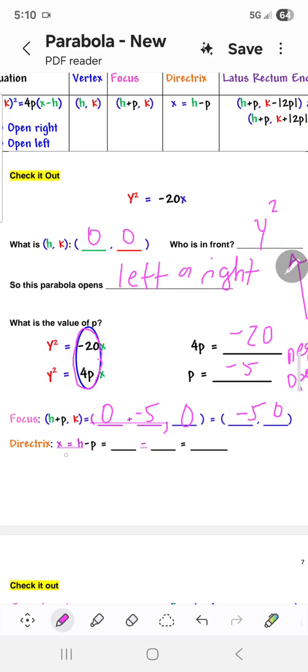Let's see, the directrix, it's X equals H, 0, minus, be careful, it's minus a negative, okay? So really be careful here because this is going to give you the equation X equals a positive 5, and if we messed up our signs, you'll be off. You always check it by graphing, you'll know if it's wrong. You'll see it, and it'll be in the wrong spot. The directrix is always perpendicular to your parabola.